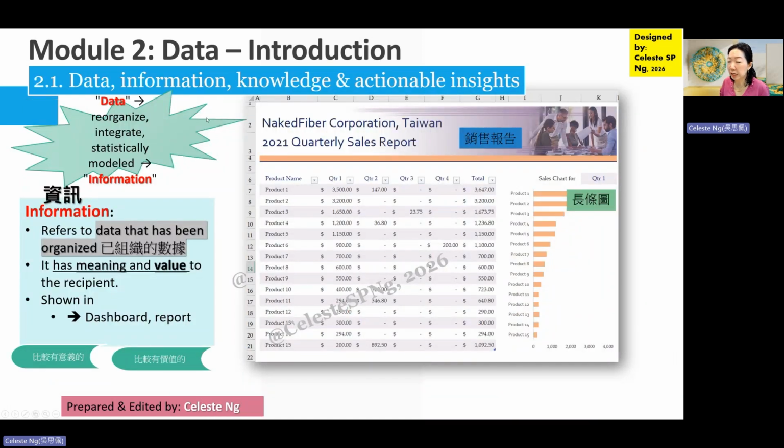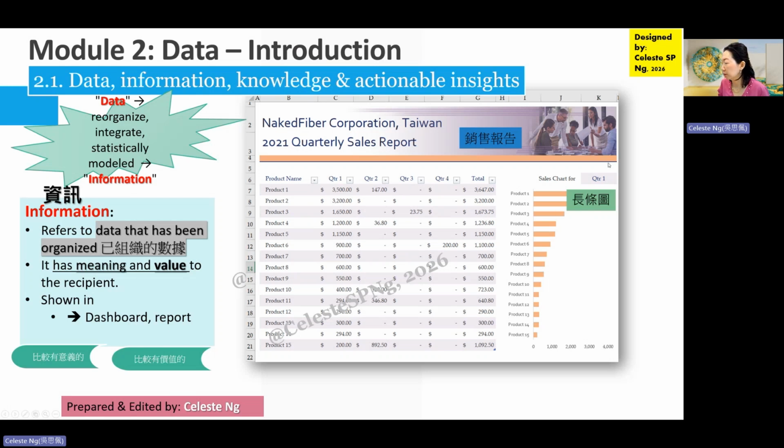And then if we have collected a lot of data, and we are going to reorganize it, integrate it with more and more data sets, or do statistical modelling, this collective of data sets will become information, right?